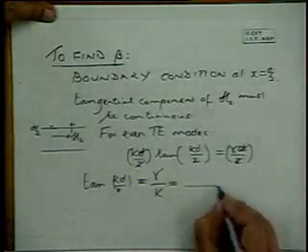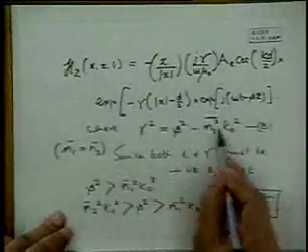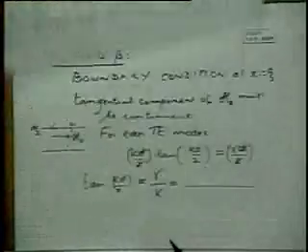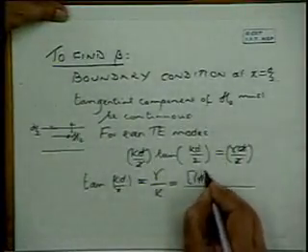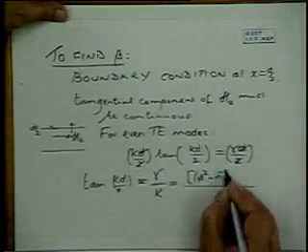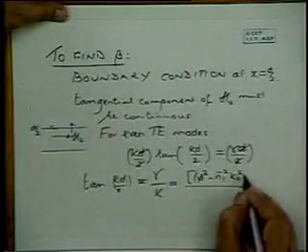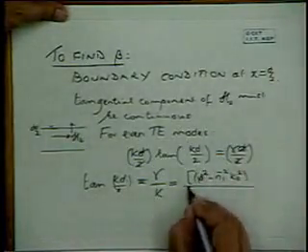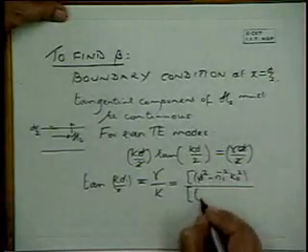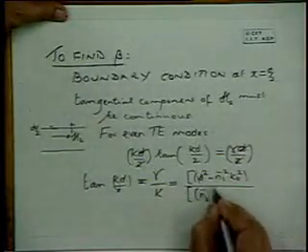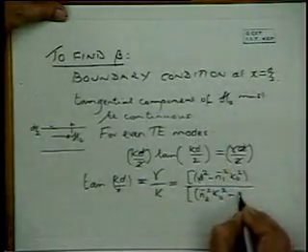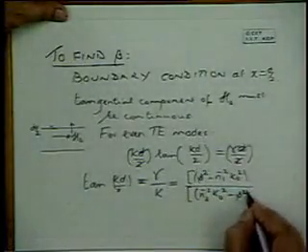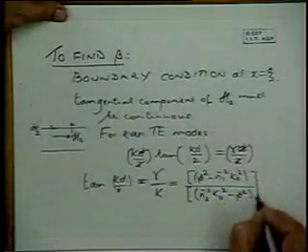So gamma squared is this, and similarly k. So gamma is just beta squared minus n1 squared k0 squared, to the power half, and k is given by n2 squared k0 squared minus beta squared, to the power half.